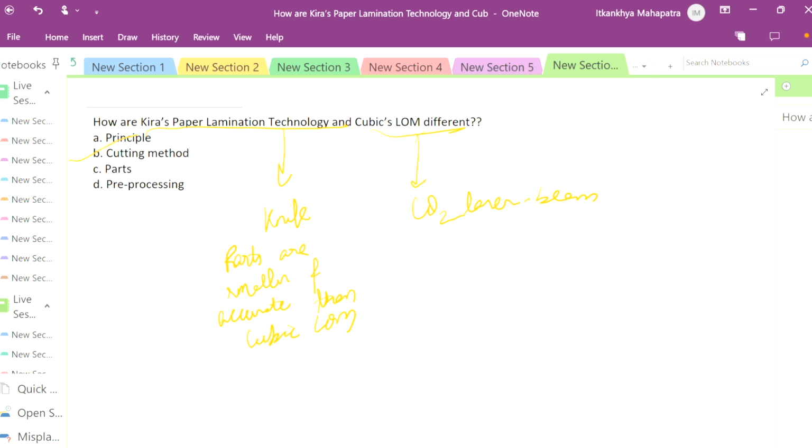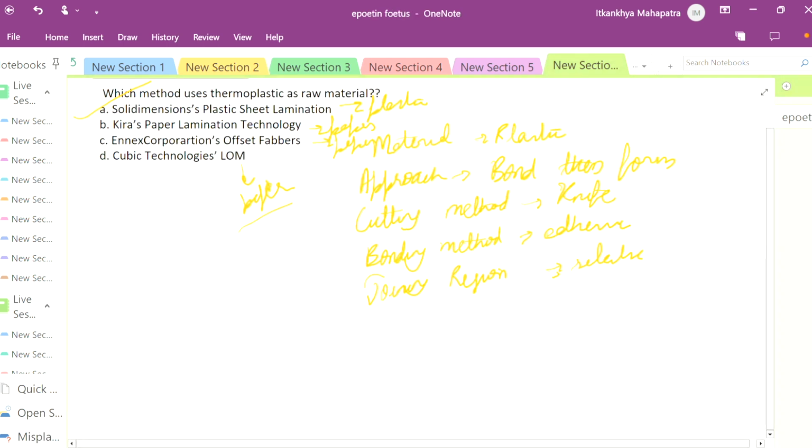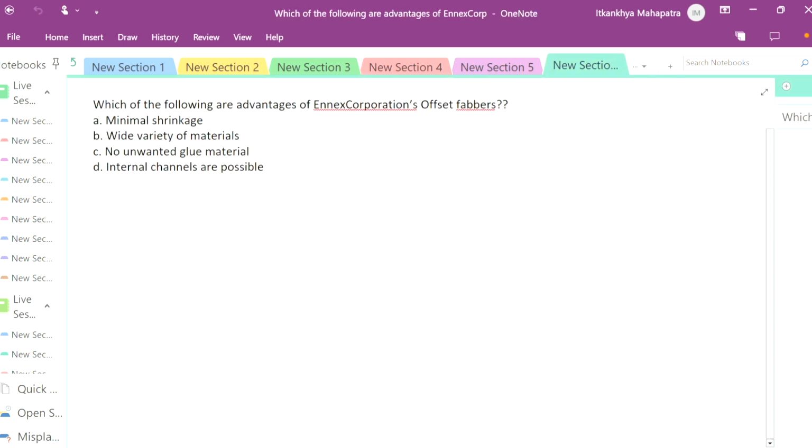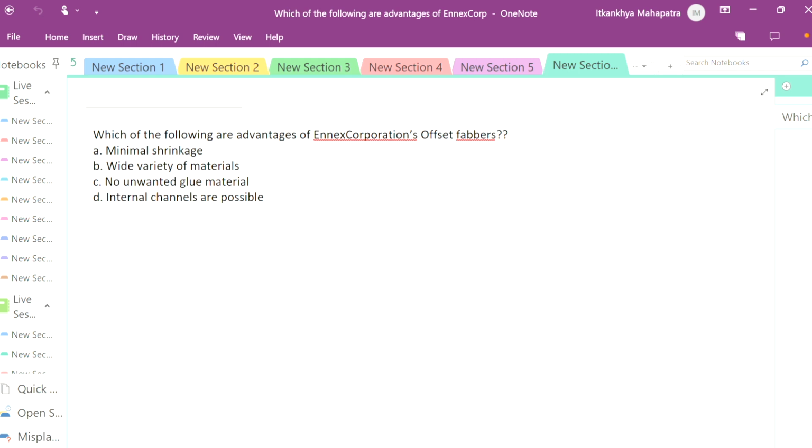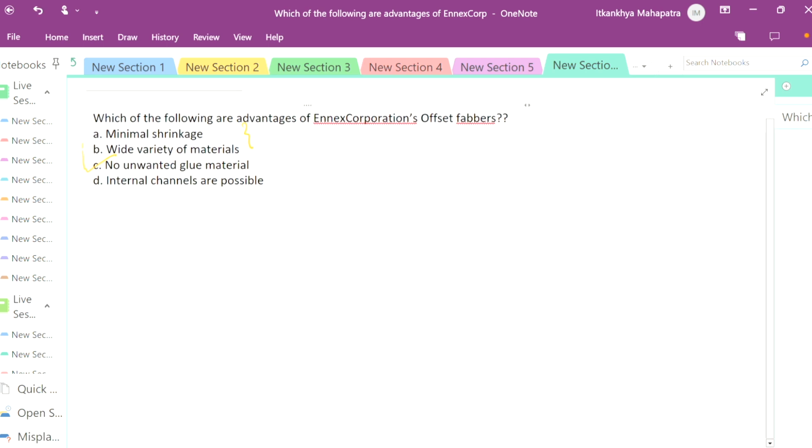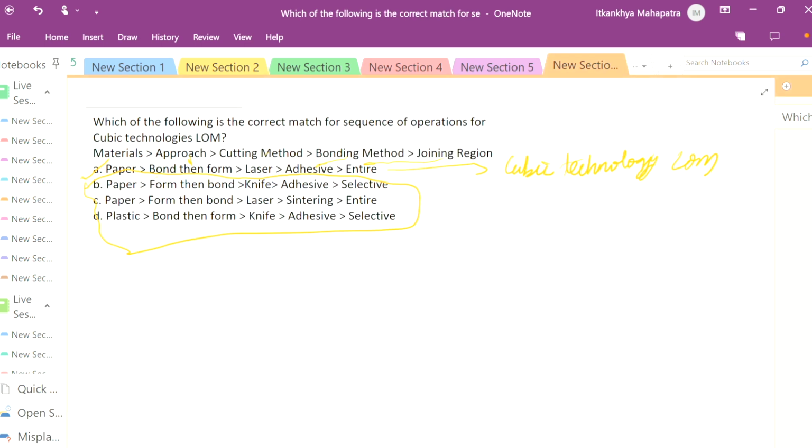Now the next question. The correct option here is cutting. What are the advantages of NX Corporation offset fabrics? Minimum shrinkage and wide variety are the advantages of this method. No unwanted movement, and internal channels being possible, are advantages of the CAM method.